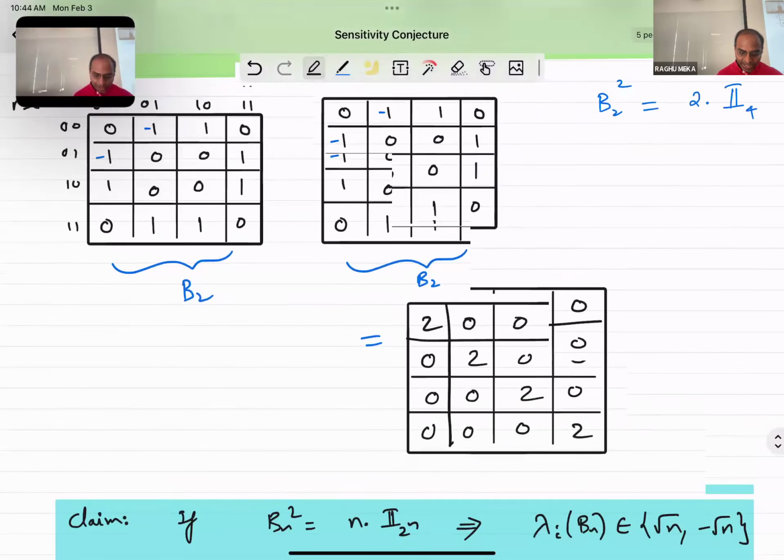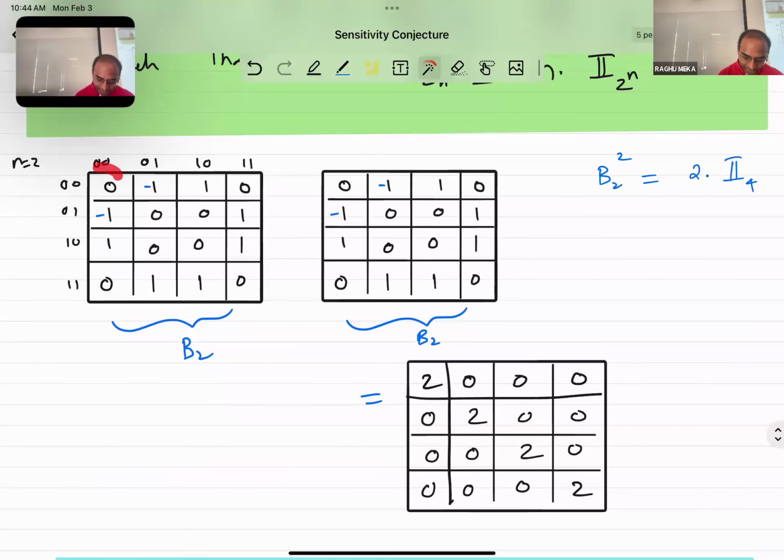So adding up all the eigenvalues should give you the same answer as adding up the diagonal entries.